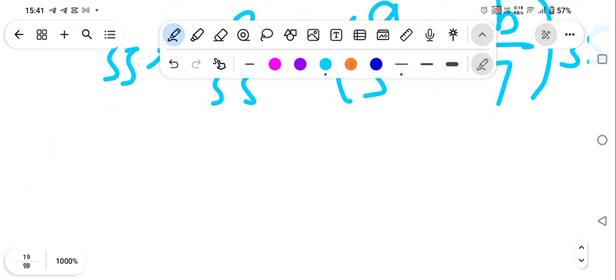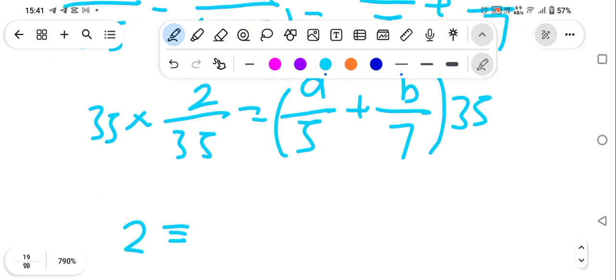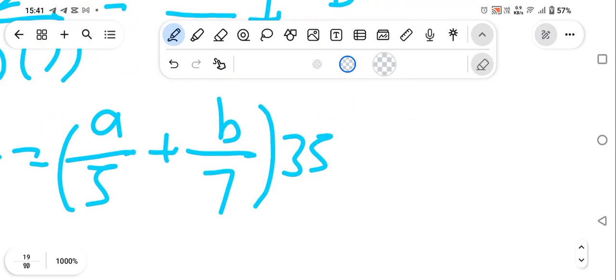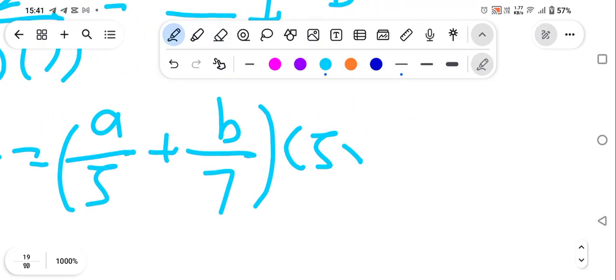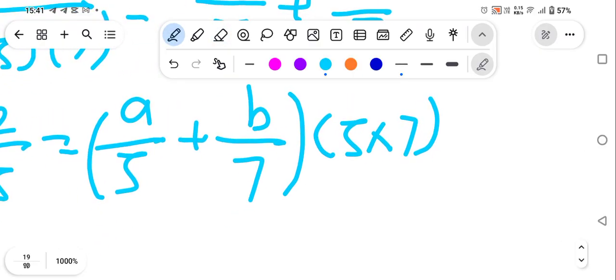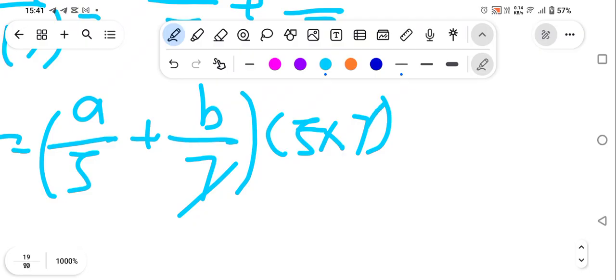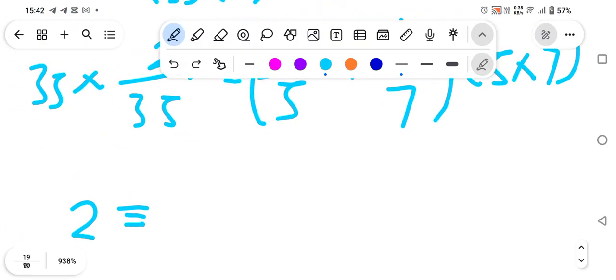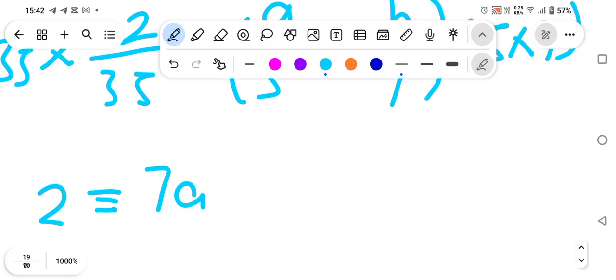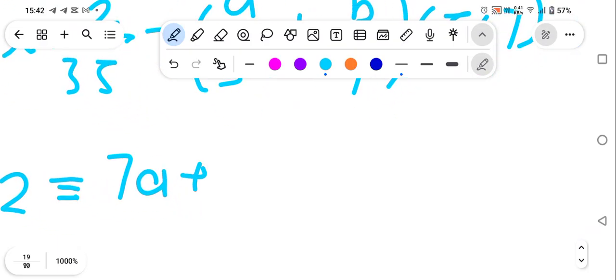So what we have here is 2 equals, this is 5 times 7, and this 5 will cancel out with this 5, leaving only 7, and this 7 will cancel out this 7, leaving only 5. So this is actually 7a plus 5b.